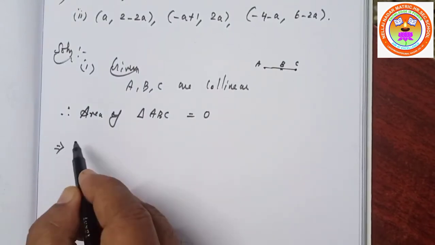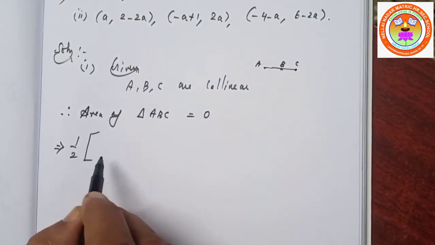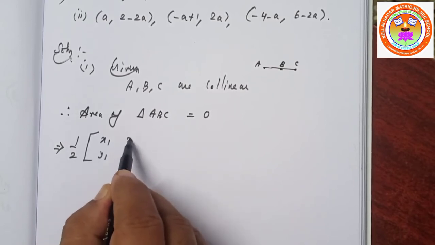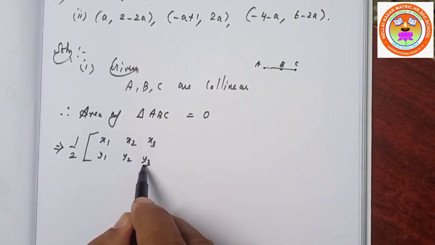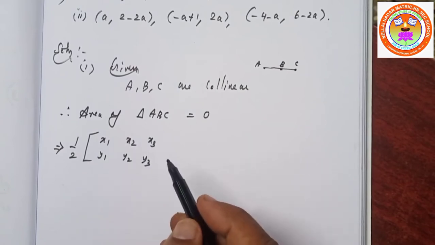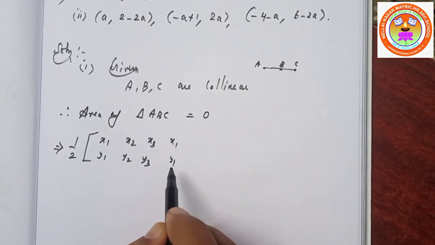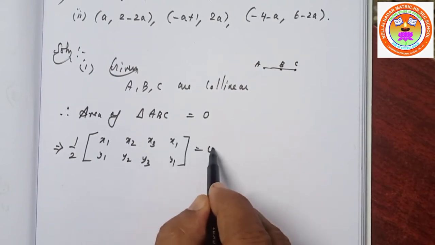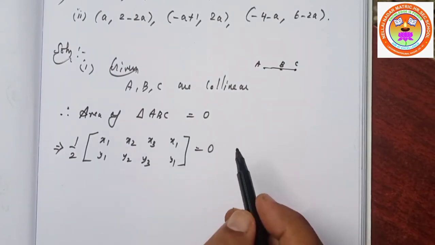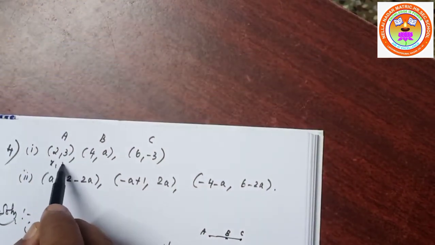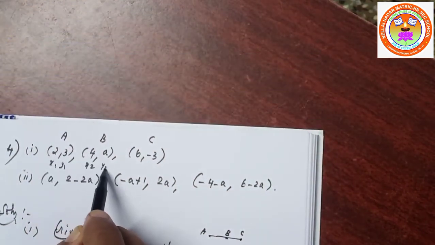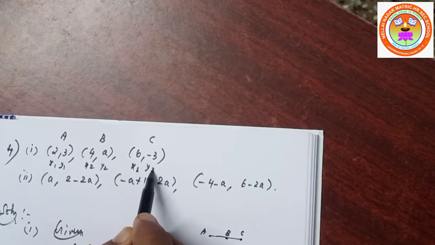Which implies area of the triangle, half x1 y1 x2 y2 x3 y3, then again you have to write x1 y1, is equal to 0. Right? Here it is x1 y1, x2 y2, x3 y3.